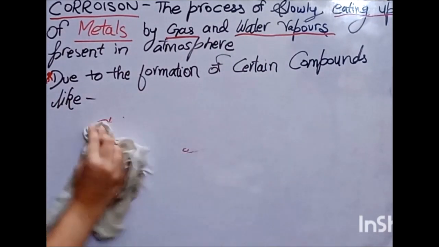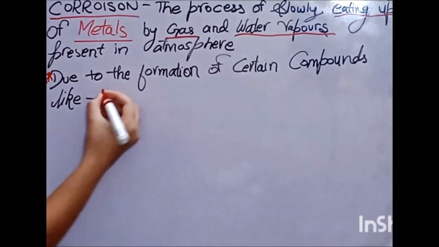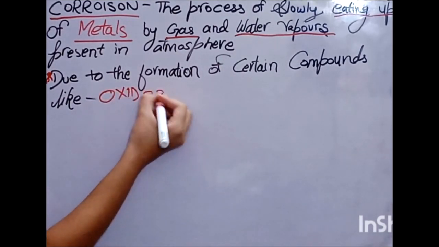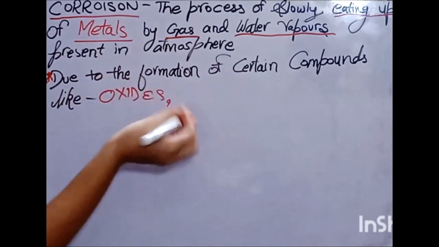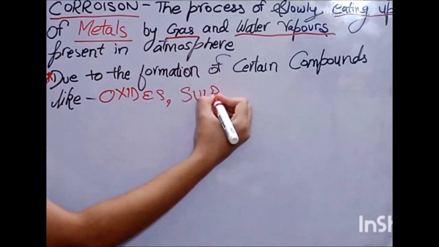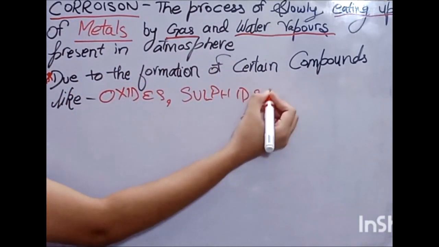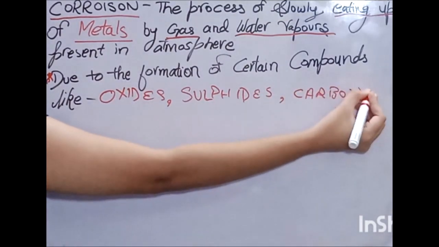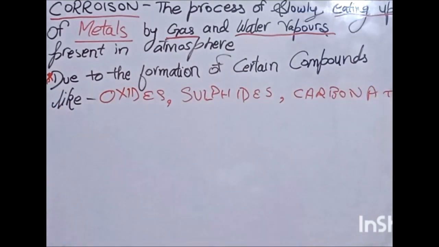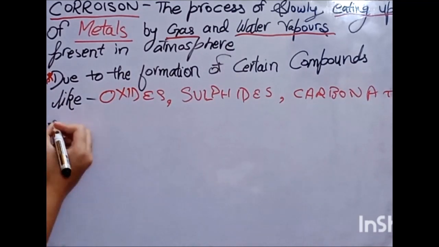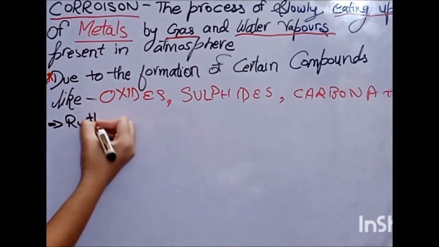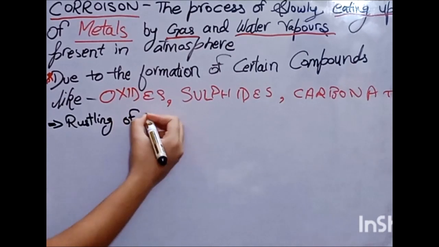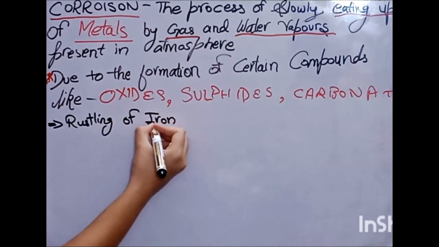पहले तो compound की बात करते हैं. Compounds like oxides, sulfides, or carbonates are few compounds which lead to corrosion. Now the very basic example is rusting, but the spelling is this, so please check.